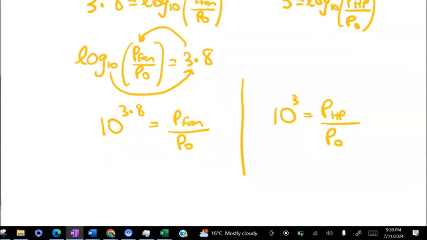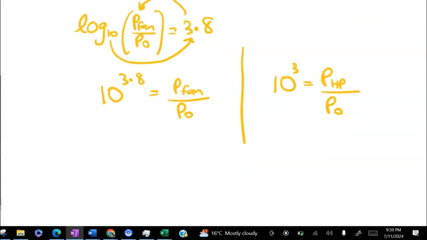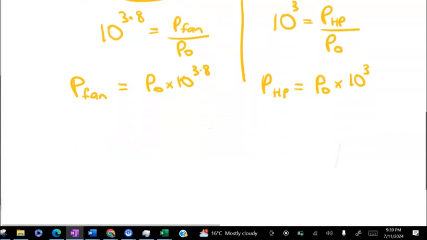Now, we could actually work from this point, but I'm going to do this really, really slowly. We're going to get an expression now for the sound intensity coming out of the fan, and that's going to be P naught times 10 to the power of 3.8, and the heat pump sound intensity will be P naught times 10 cubed.